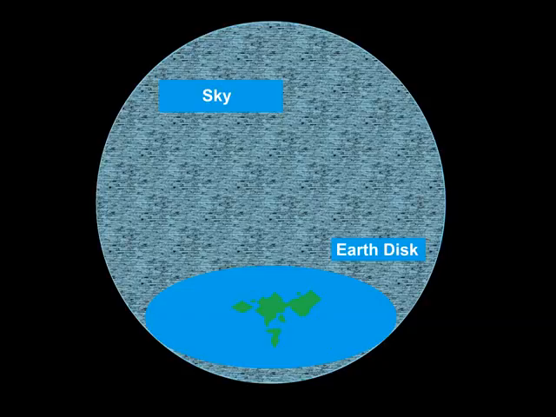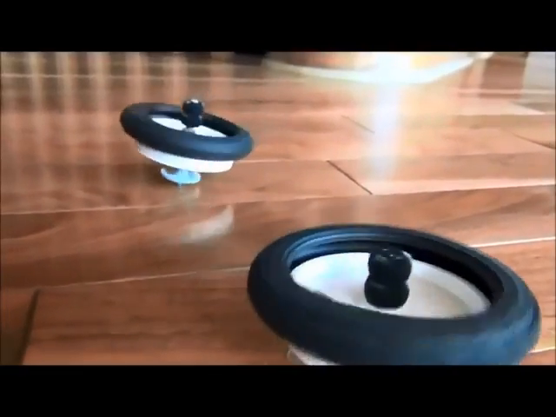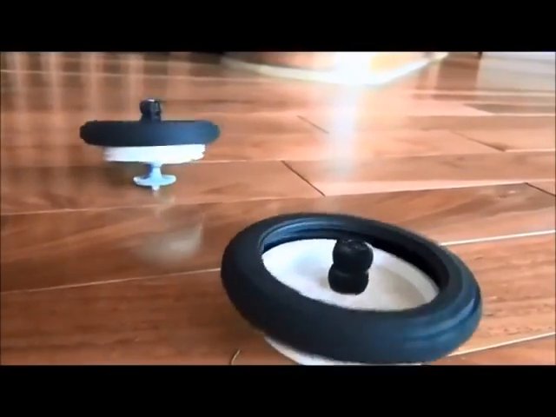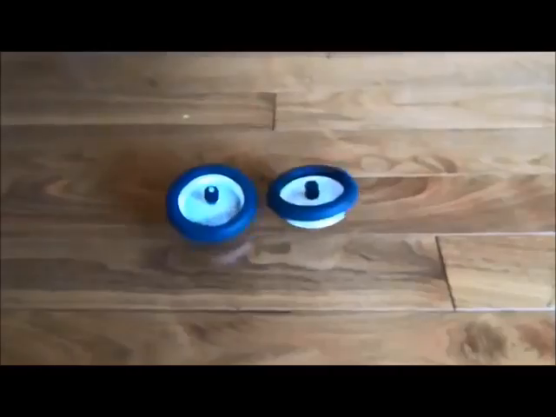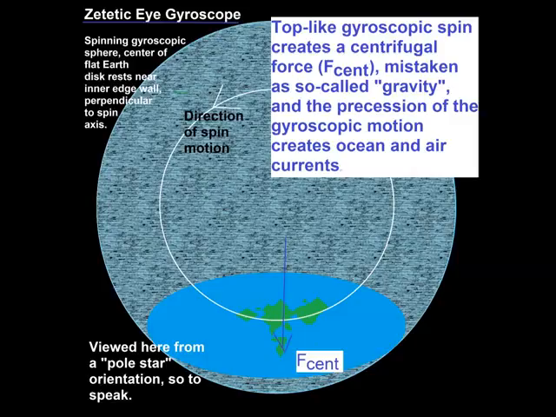The Zetetic Eye sphere spins with a gyroscopic precessional oscillation, and the Earth plane is situated on the inside of the sphere such that the center of the Earth would lie along the equator of the Zetetic Eye sphere.